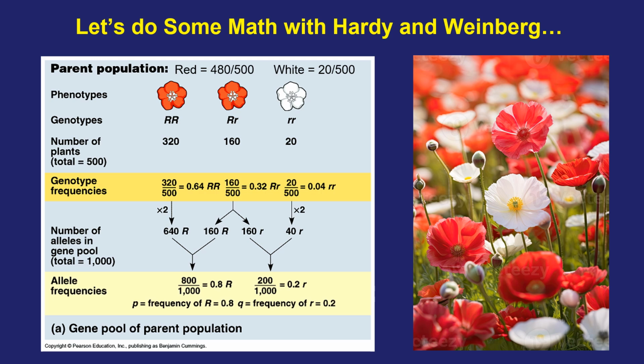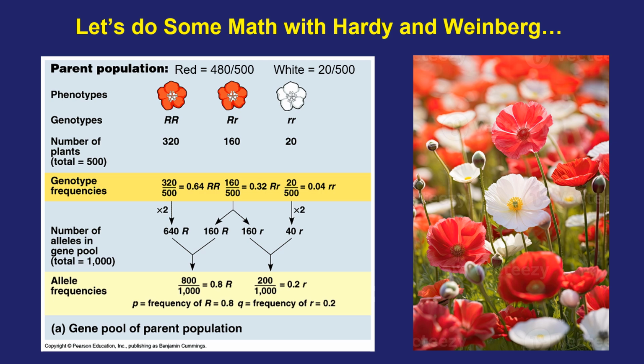But then remember, we have the heterozygous individuals. There's 160 of them. Each of those individuals is contributing 1 dominant allele. So we take the 640 and we add the 160, we get 800. So 800 dominant alleles out of the 1,000 total alleles in the population, we get a value of 0.8.